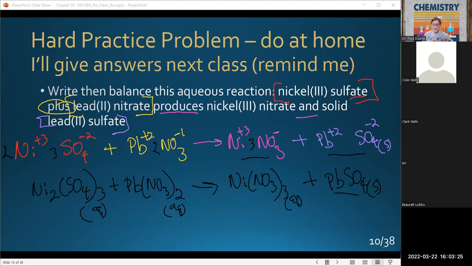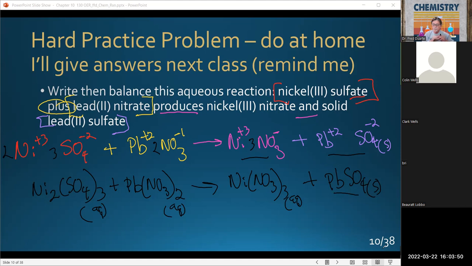All right, so now we have the formulas. We have to balance it. When it comes to these types of reactions, yes, you can count every sulfur, every oxygen, every nitrogen, and so on, which can be very complicated, keeping track of all these things. Our suggestion is this: follow the polyatomic ions.